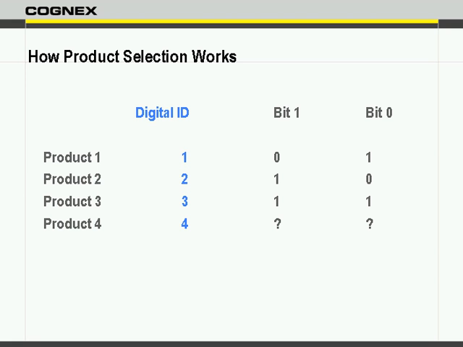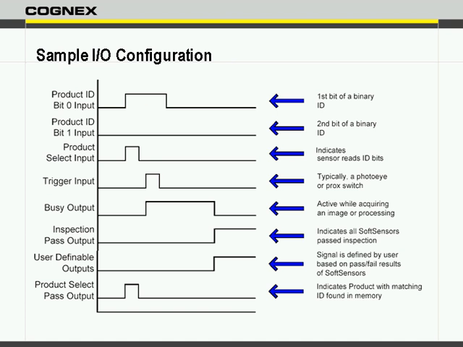What I want to do is go ahead and show you some of those functions, just briefly in a graphical form here. We have something called the product select input. So it goes high, and it's going to look at what is my signal on bit 0 and bit 1. Here bit 0 has gone high, so I've got a 1.